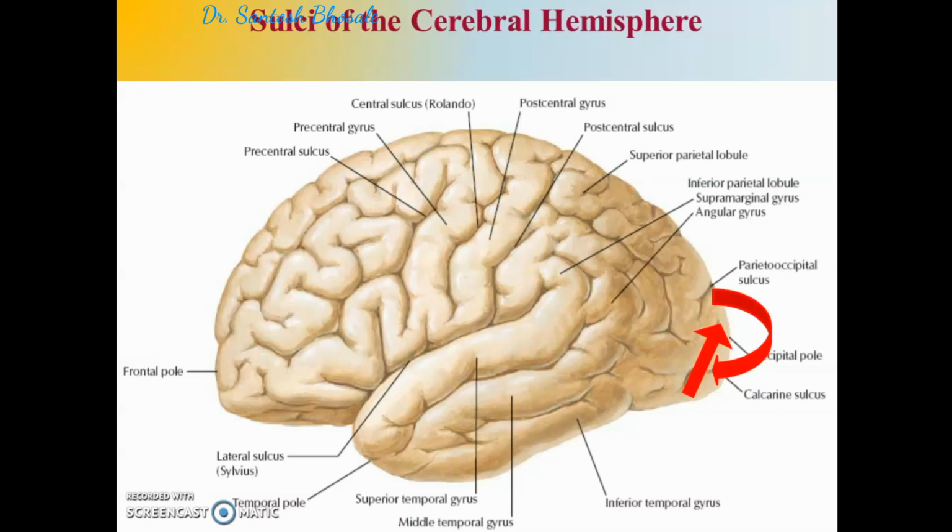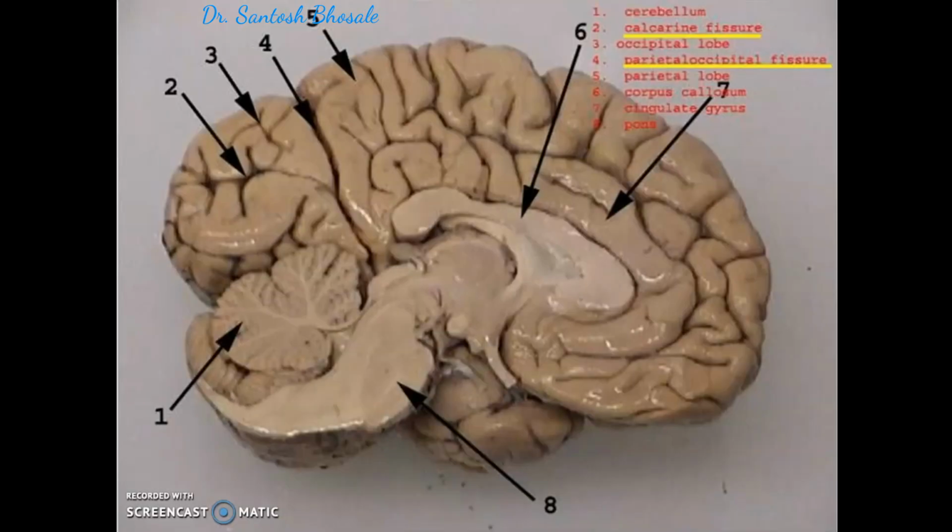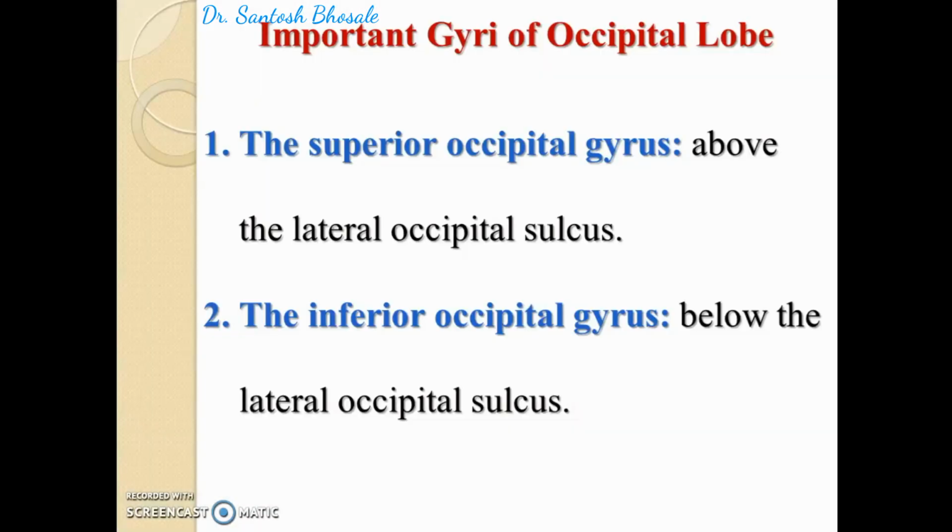Arrow is not indicating that. Just in front of the arrow you are seeing horizontal lateral sulcus. So the important gyri are superior occipital gyrus and inferior occipital gyrus by the horizontal lateral sulcus, and it has these important areas for vision.